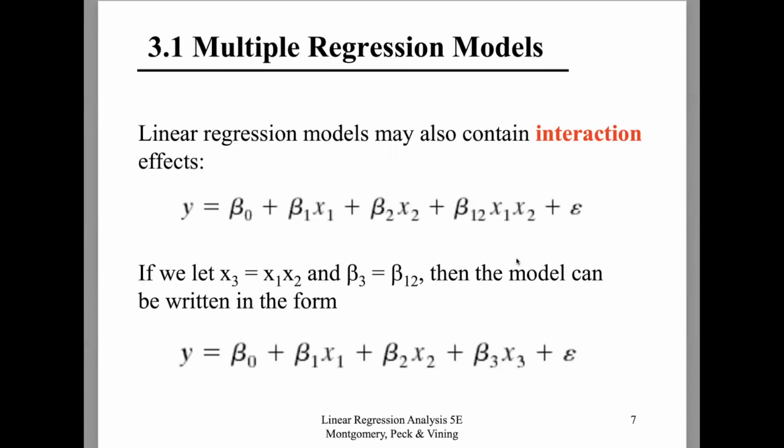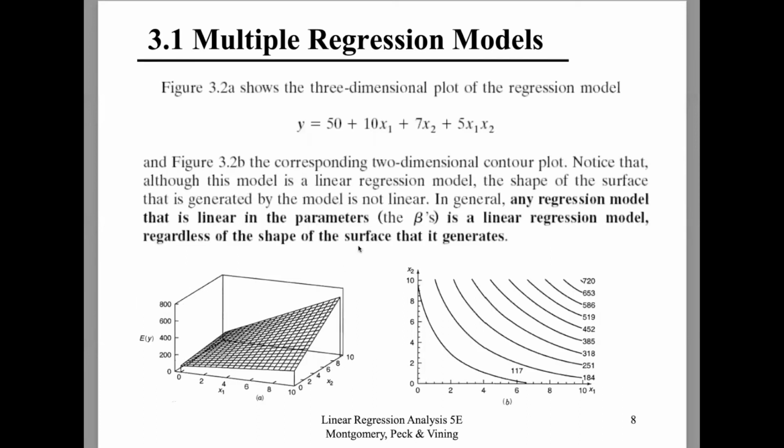All right, but from the standpoint of being a function of x1 and x2, this deterministic component is not a linear function of the two variables, and in particular, it's not going to be a plane. It's going to be a surface that actually has some twist to it, and so we can think of a plane that is now twisted.